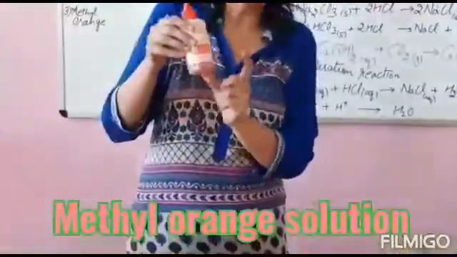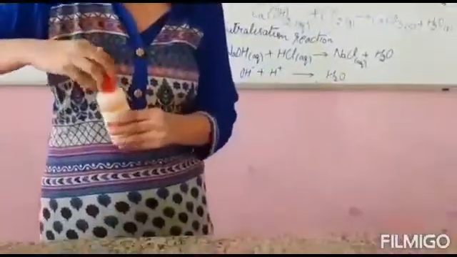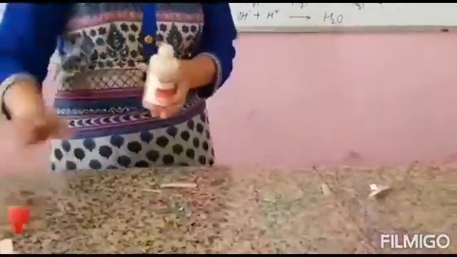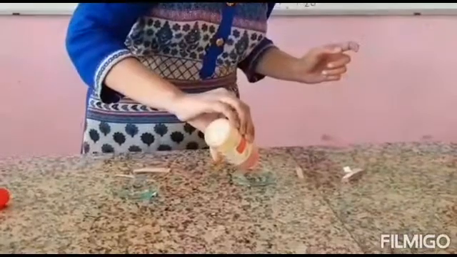Now this is the methyl orange. As the name indicates, it is orange in color. Now I put a drop of this in the acid. See, it has turned red, and in base it has become yellow. You can see the color.